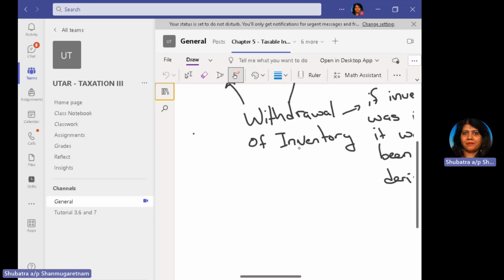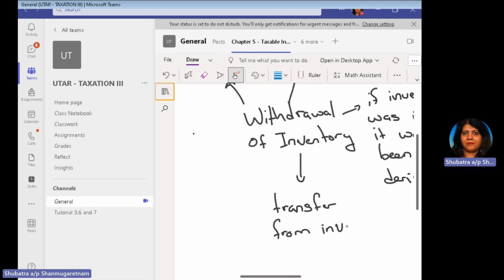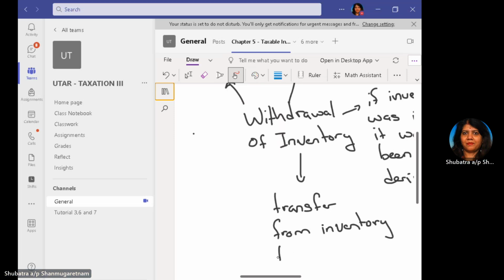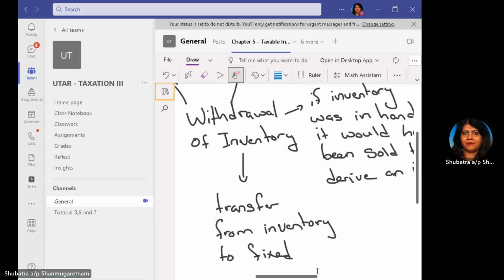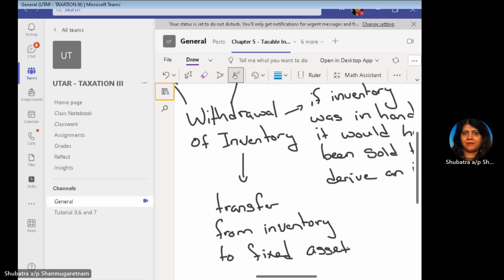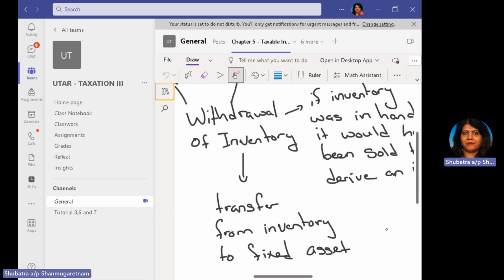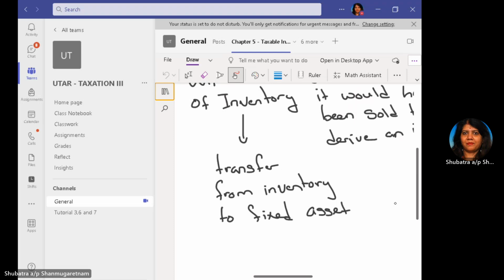Now, any transfer from inventory to fixed asset is also considered withdrawal of stock. All right, it's also deemed sales has taken place.